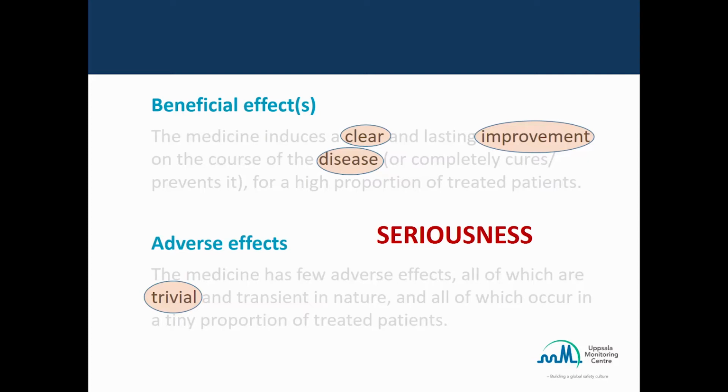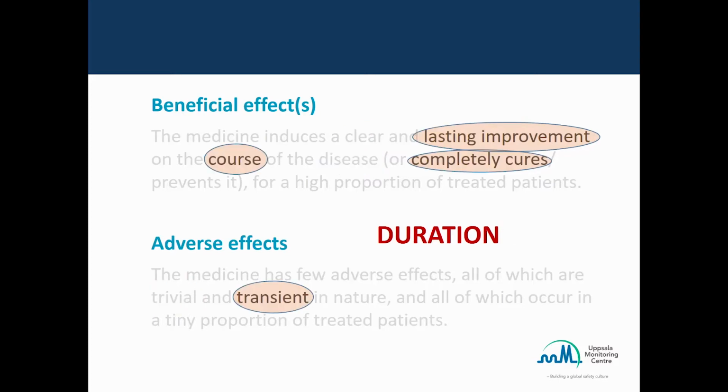And here the question is, how serious is the disease that we're treating or trying to prevent? And to what extent is the level of seriousness lowered by the medicine? So in this case, it is a bit of a relative thing, but it is possible to apply the seriousness concept also on the beneficial effect.